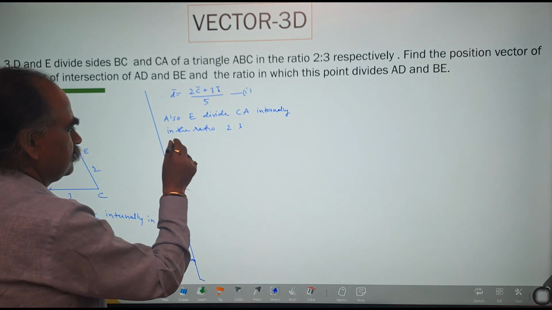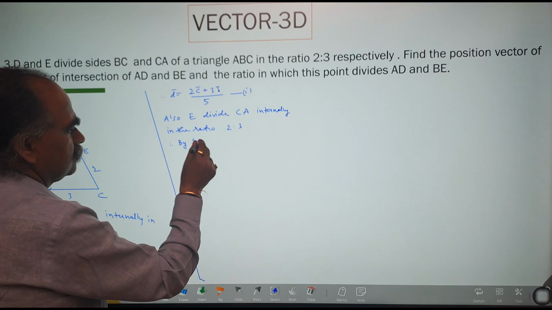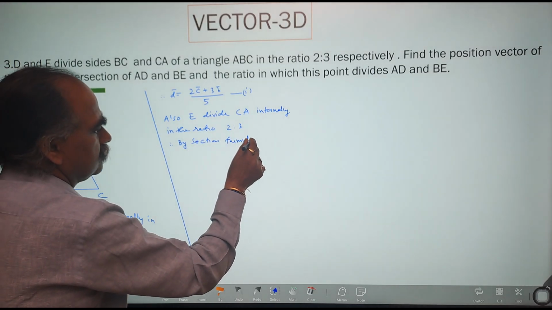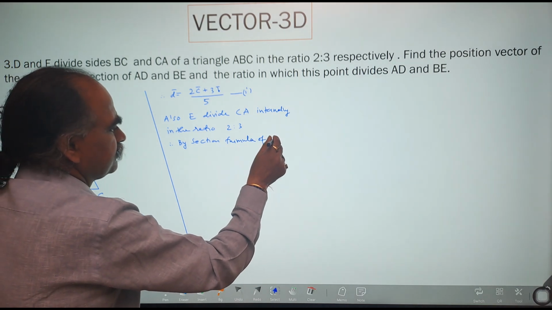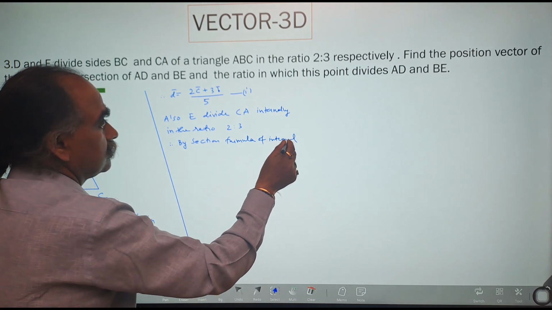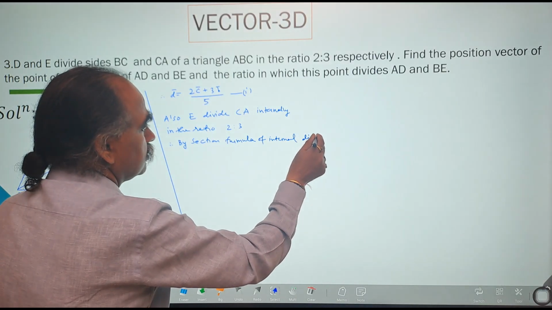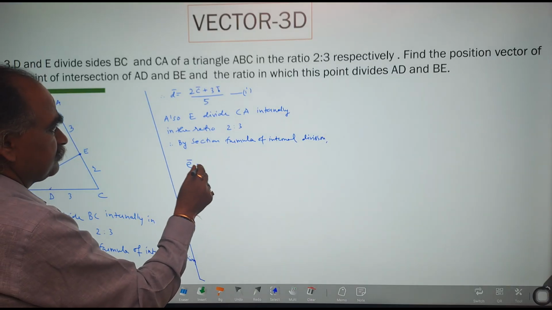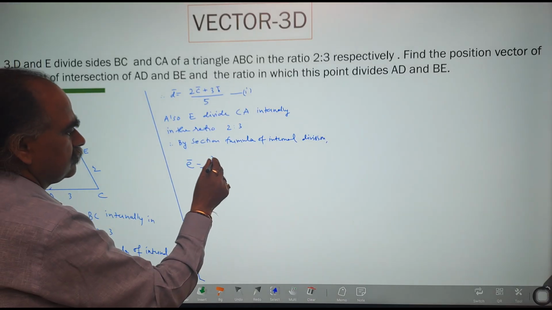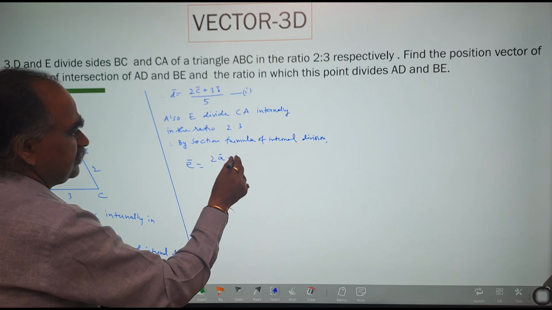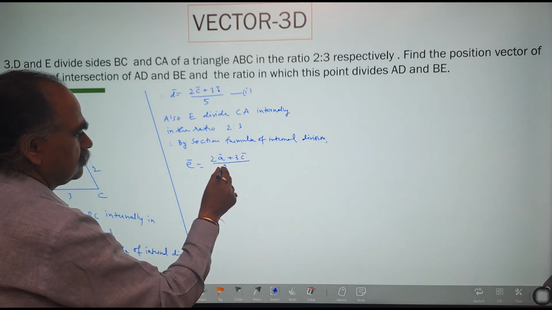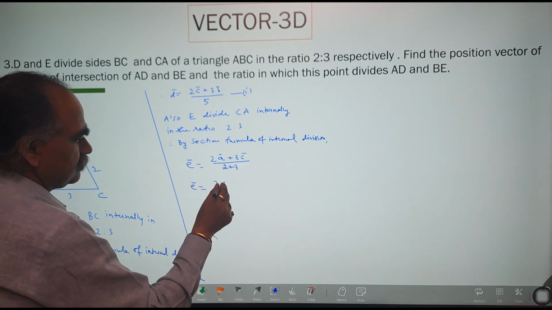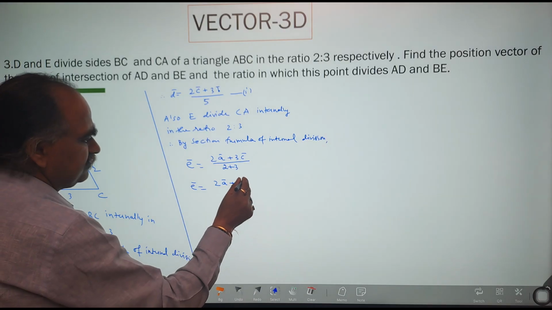Therefore by section formula of internal division, E bar is what? 2 into A bar plus 3C bar upon 5. So E bar is 2A bar plus 3C bar upon 5.